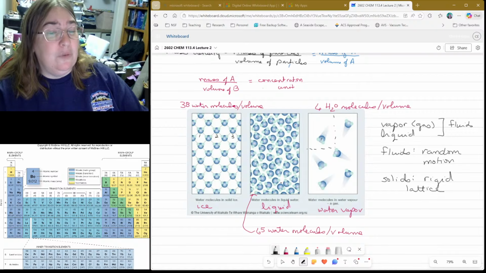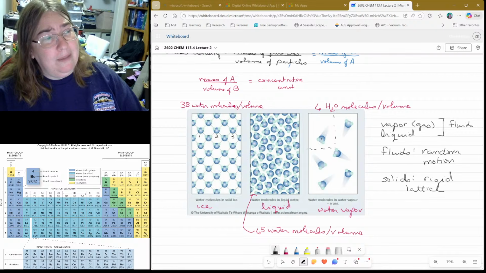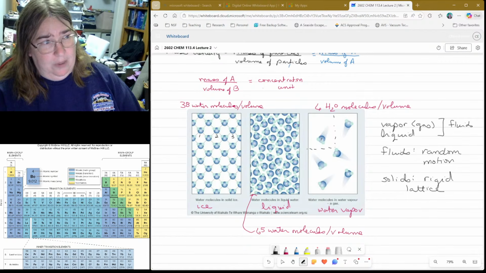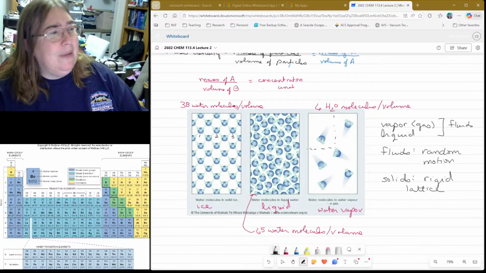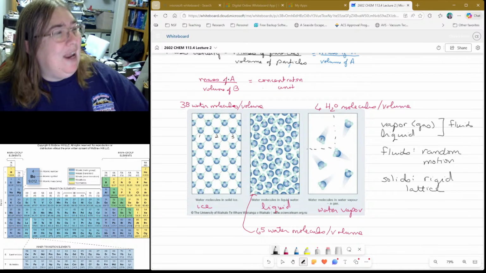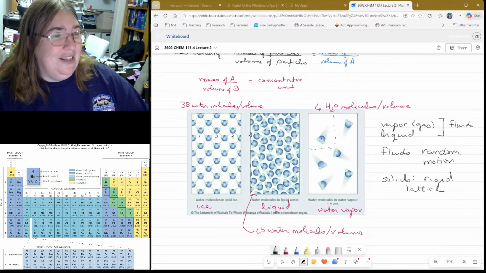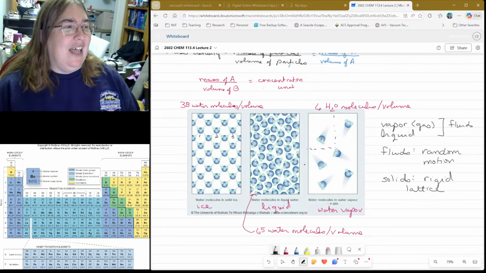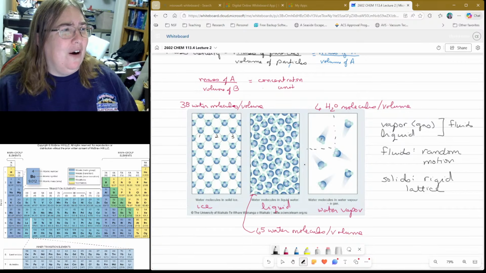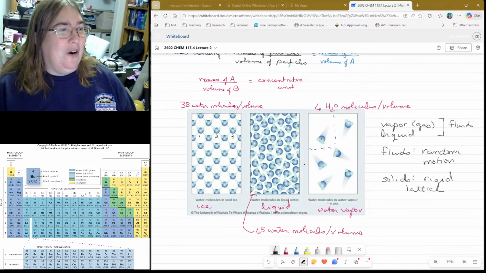Now, because the molecules are more densely packed in the liquid, where this particular molecule moves to is going to be in a much smaller random motion in this volume. Why? Because it keeps running into stuff. So it's kind of like trying to walk through a subway car during peak rush hour versus not during peak rush hour.